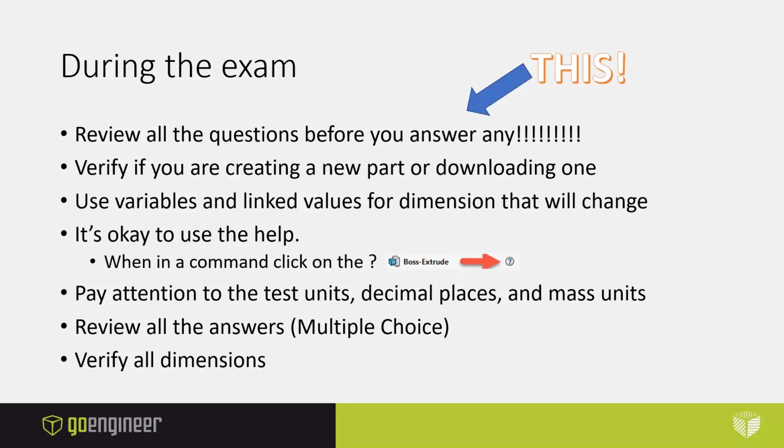Question 2 might say change these dimensional values, and then tell me what the mass is. And then question 3 might say add a hole at this location and this diameter, and then tell me what the mass is. So it's just like if you're sitting down to create a part on your own, you're going to have a good idea as to what the final part's going to look like.